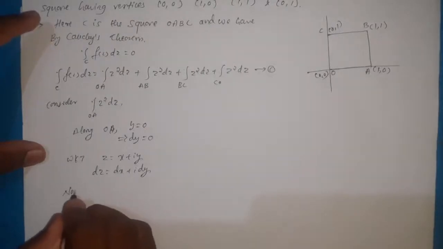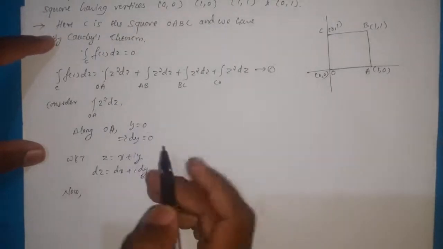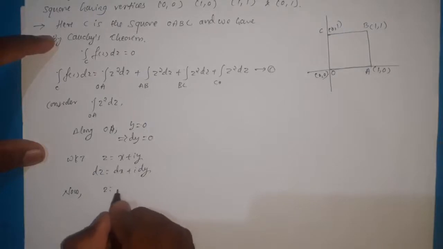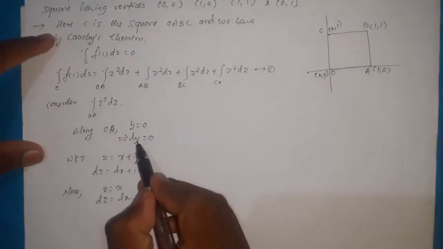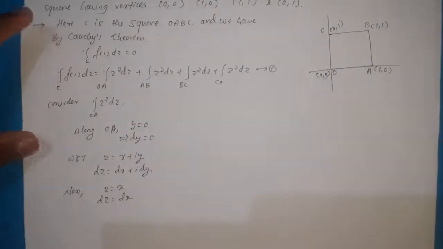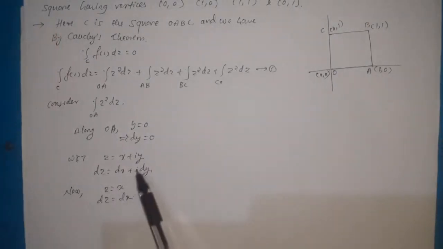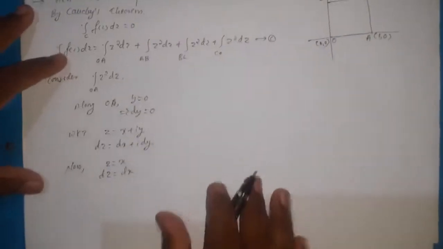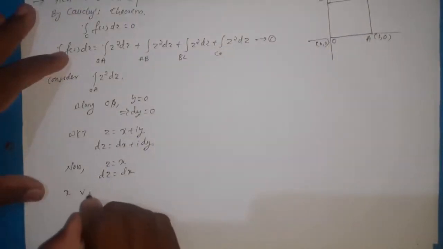And now y is equal to 0, then z is equal to x and dz equal to dx, because dy is 0 and y is also 0.